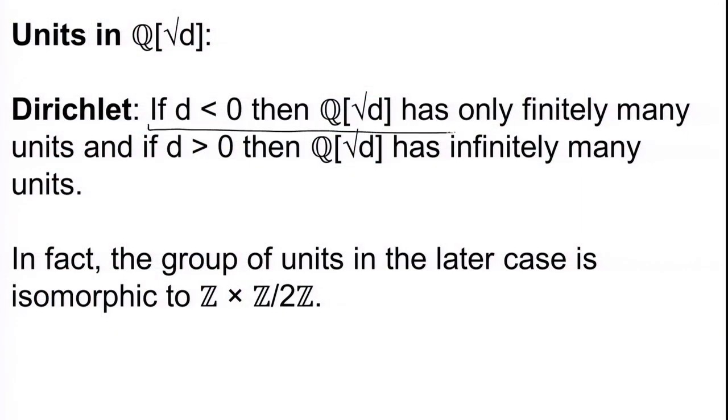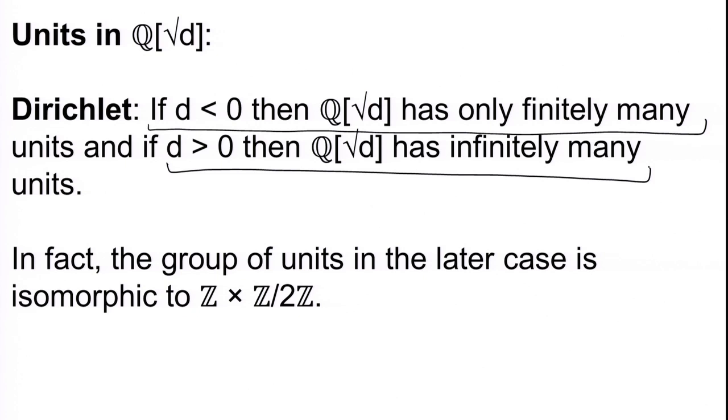In particular, when we are looking at quadratic extensions, this has a very nice simple statement that for negative D there are only finitely many units, and for positive D there are infinitely many units, and in fact you have that the group is of the form Z cross Z by 2Z. So, it is an infinite cyclic group, direct product with the group of order 2.